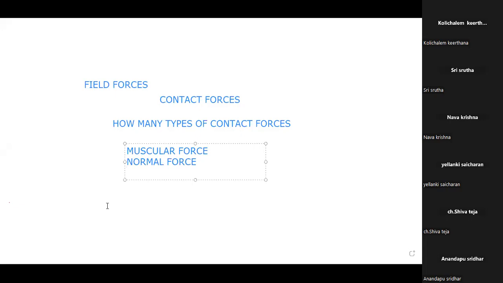Okay, electrostatic force. Somebody is typing. Is electrostatic force a contact force? Is net force a type of force or is it something else? Okay, tension force. Very good. Magnetic force is not a contact force. Okay. Tension force.